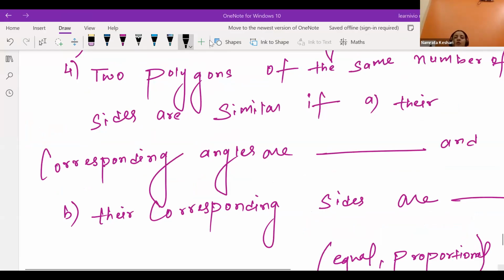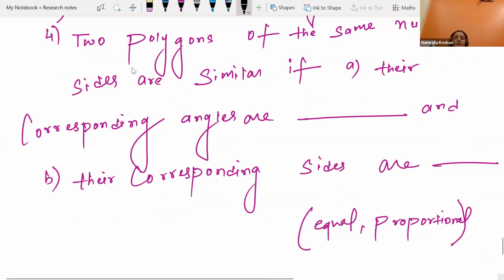Two polygons of the same number of sides are similar if their corresponding angles are equal and sides are proportional. Exactly, angles are equal and sides are proportional.